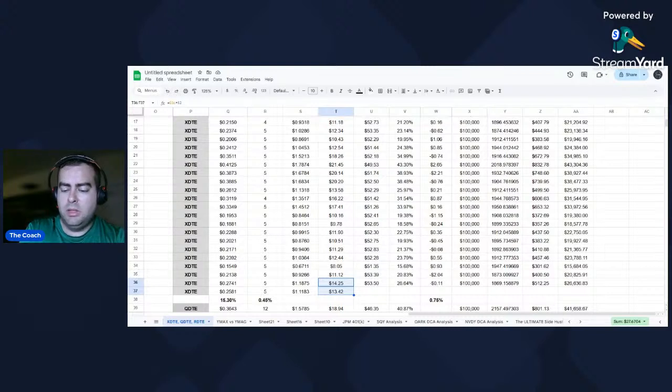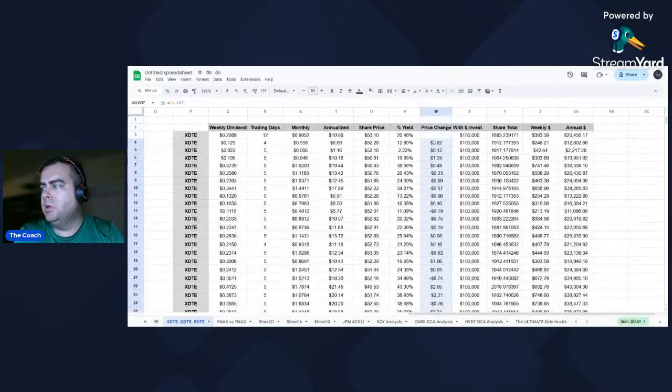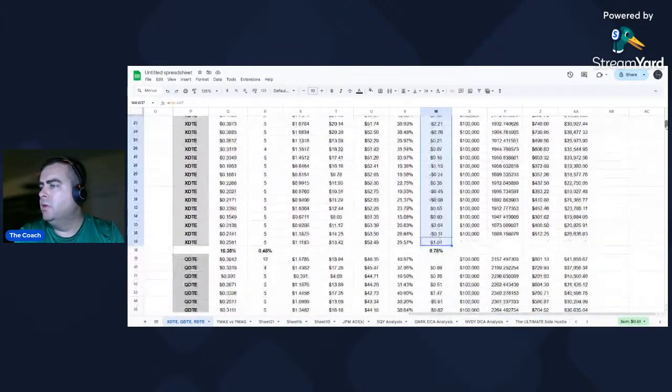Okay, so XDTE was 52.49, so it's lost a whole dollar as of close of business today. This is the dividend percent, 25.57, so it doesn't change too much. I actually need to do the summation of this here. I'm inventing words. 61 cents.